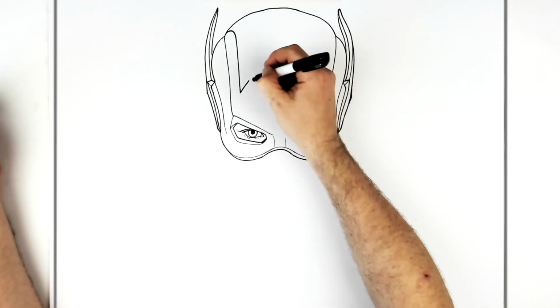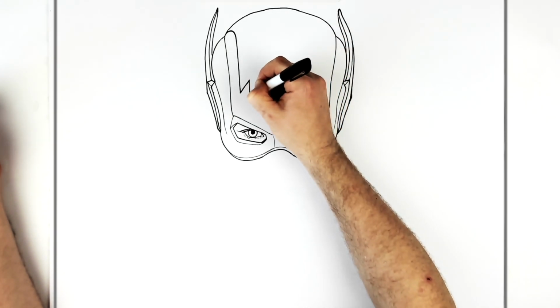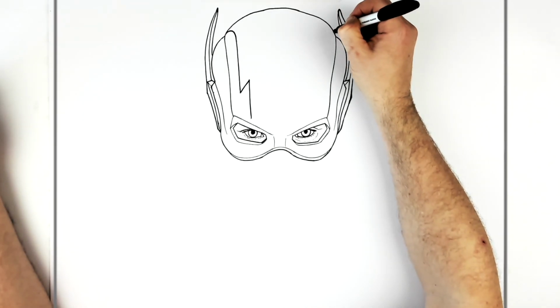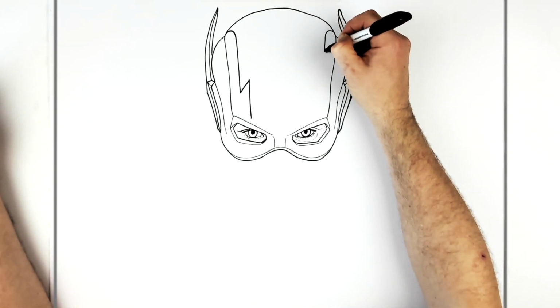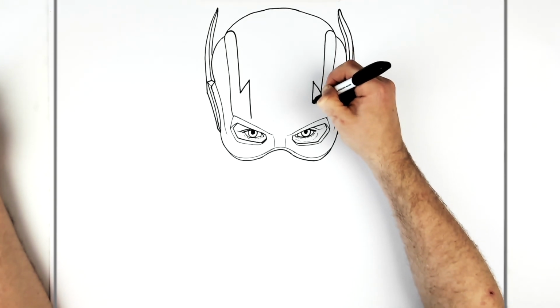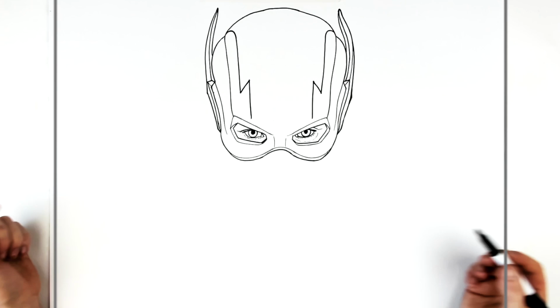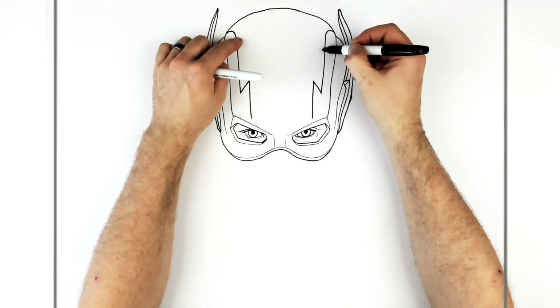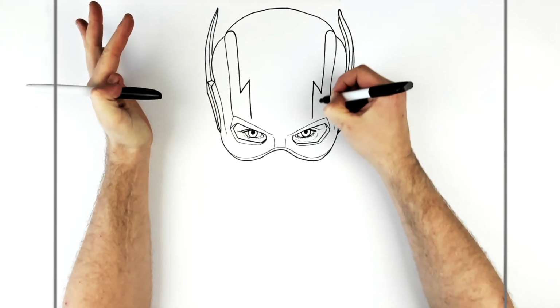They're glowing, but I can color them afterwards. Okay, so one there. Right? So if you wanted to color this, you'd actually do these in yellow, right? Over your pencil. Yellow marker or yellow color.